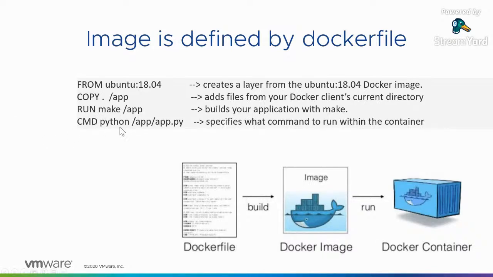Here we are talking about a Python application, so you'll have to prefix it with python and the path to the py file. So the moment the image is built using Ubuntu version 18.04, we are copying certain files into the app directory, building the application using make, and once the application is built, we are also executing it using CMD, this command.